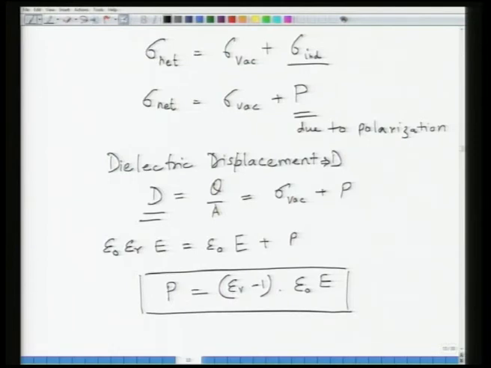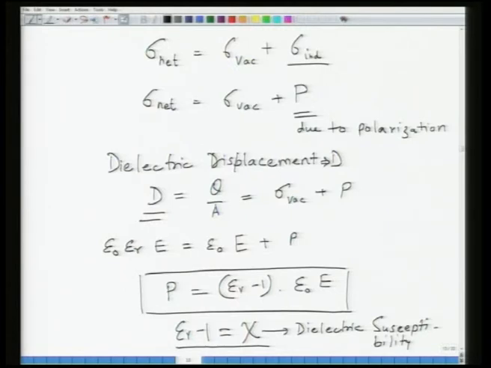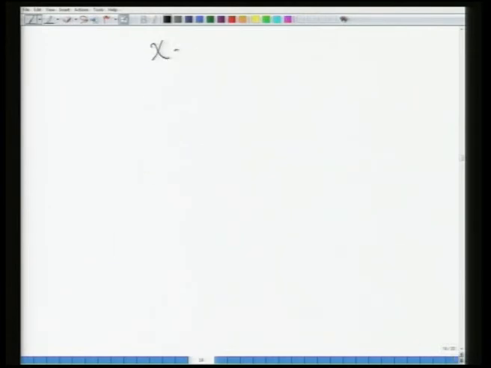This epsilon r minus 1 is called chi, and this is called the dielectric susceptibility. So, chi is equal to epsilon r minus 1, which is equal to P divided by epsilon naught E. What basically is dielectric susceptibility?